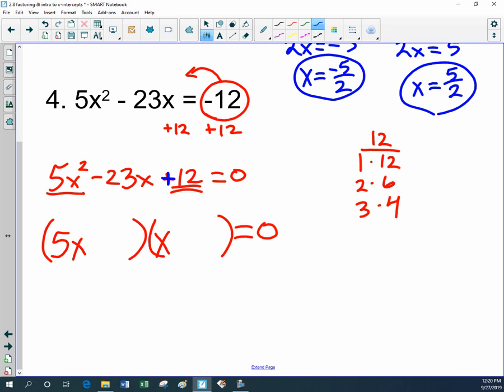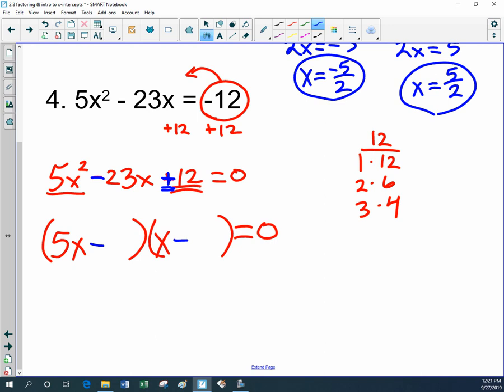To identify what they're both going to be, we look at the middle term. This tells you what they're both going to be. So if this is positive and the middle term is negative, then both signs are negative. If this is positive and the middle term is positive, then they would both be positive.